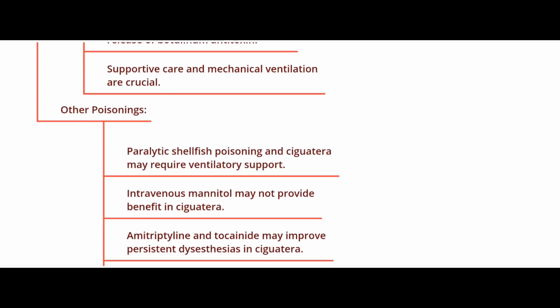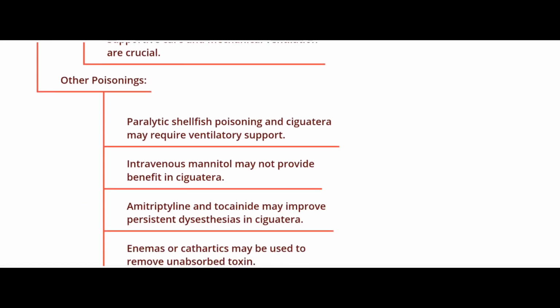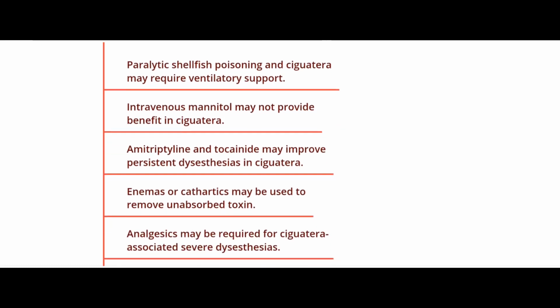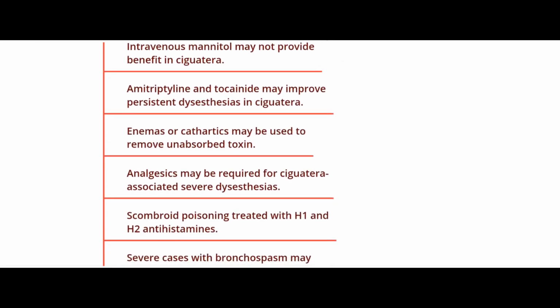If we talk about other poisoning, for example, paralytic shellfish poisoning and ciguatera may require ventilatory support. IV mannitol may provide benefit in ciguatera. Amitriptyline and tocainide may improve the dysesthesia, and enemas may be used to remove unabsorbed toxins.